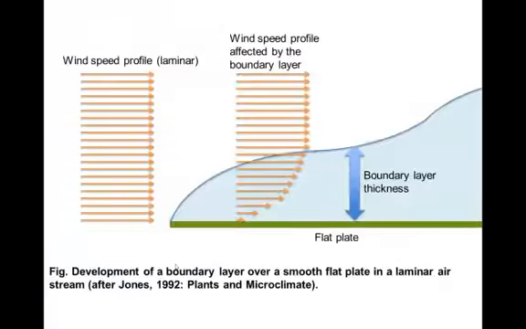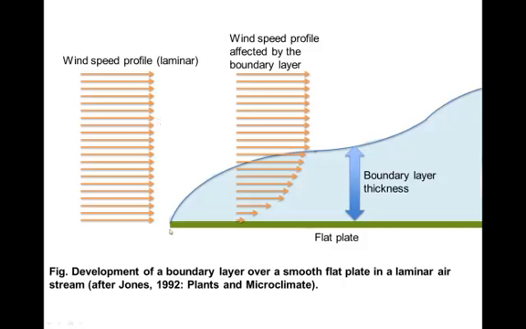So this is another example of boundary layer development over a flat surface. And this is a case of laminar flow, which is the simplest case to understand the boundary layer. Laminar flow, by definition, is equally distributed wind speed across the vertical profile.